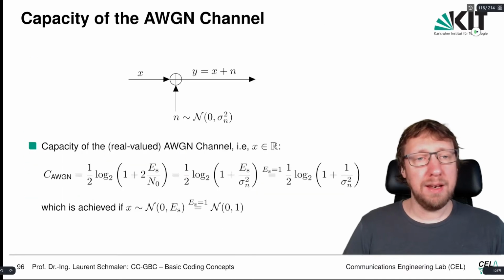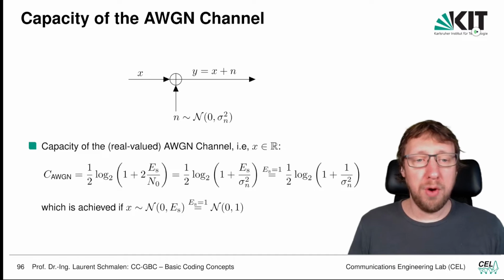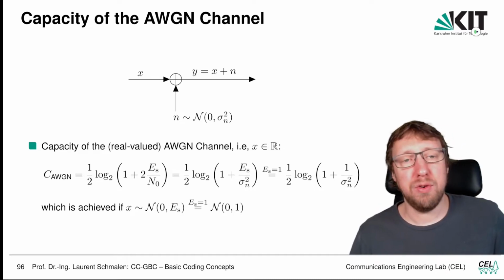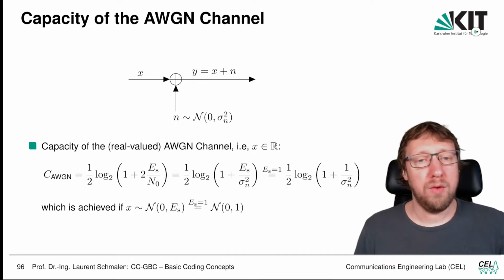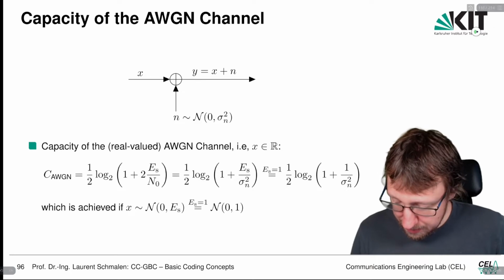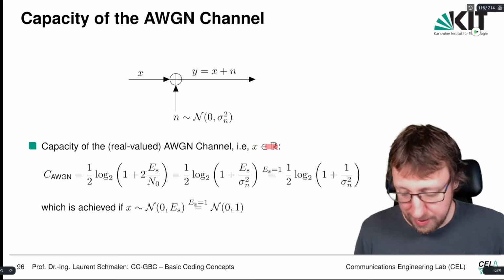Great. So then let's take a look at our friend, the AWGN channel. First, we look at the very classical case, the AWGN channel, where we have no constraints on the input. So x is a real number.